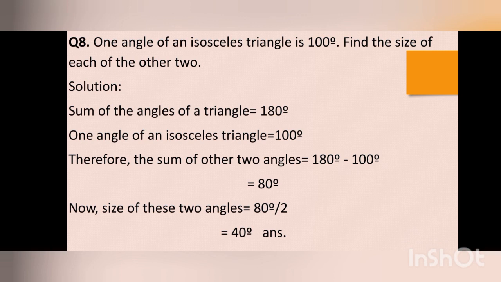Subtract 100 from 180 and you have got 80 degrees. Now we all know that base angles are the same in an isosceles triangle. So divide this 80 by 2, and this way we would get the size of the other two angles. Now see the last line. The size of these two angles equals 80 degrees divided by 2, and after solving it we have got 40 degrees.